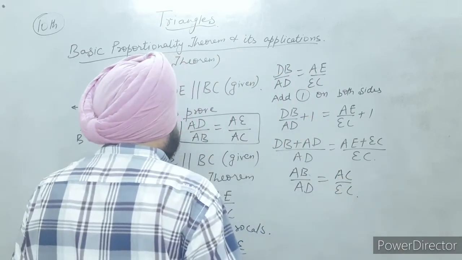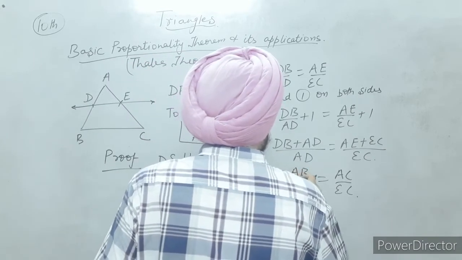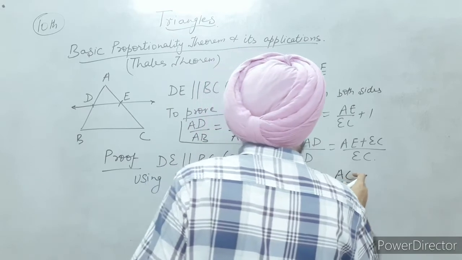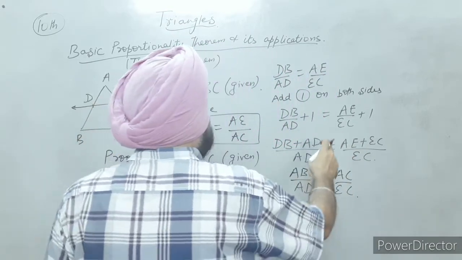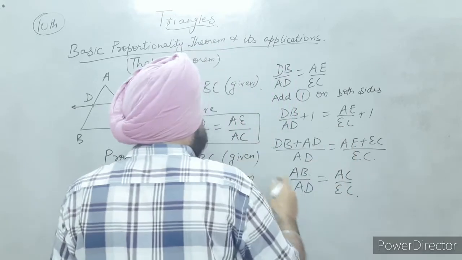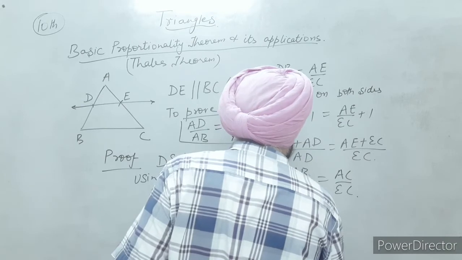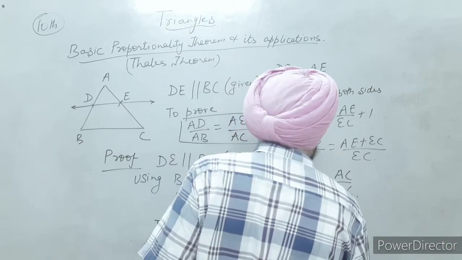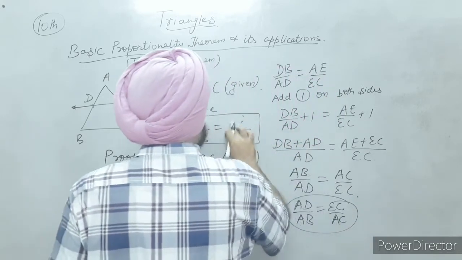Now I wanted to prove AD upon AB is equal to AE upon AC.